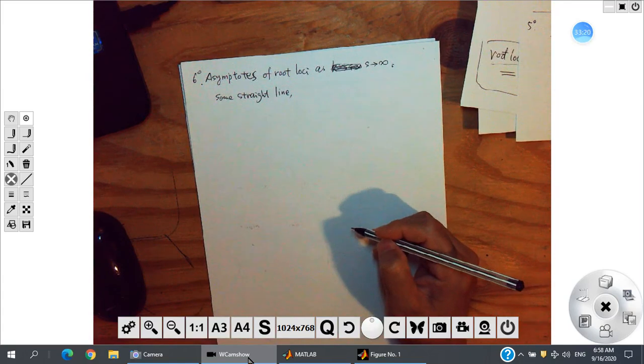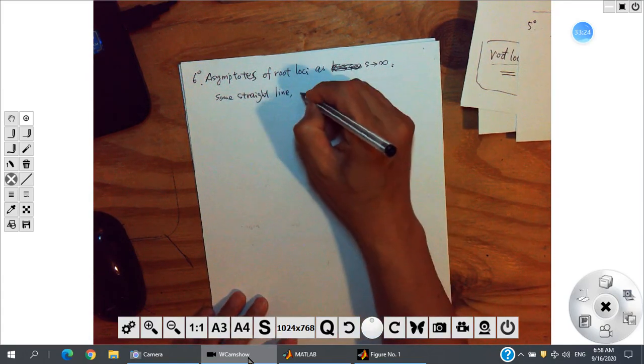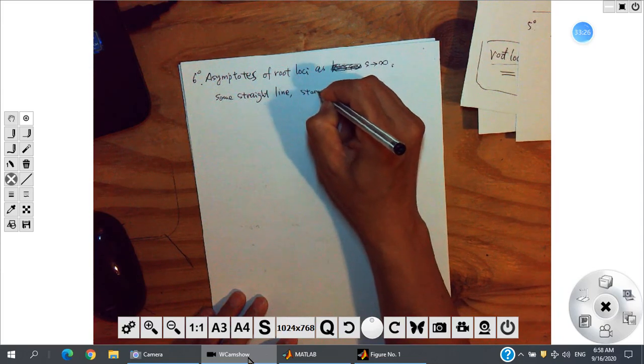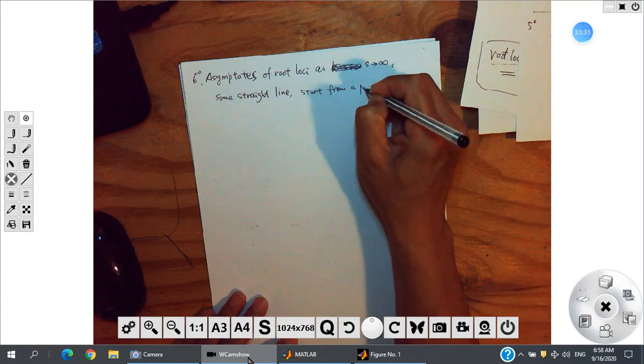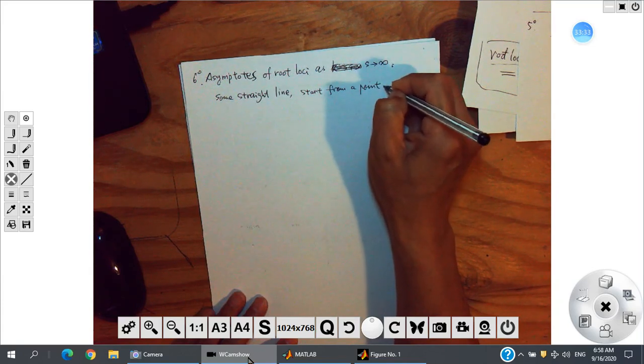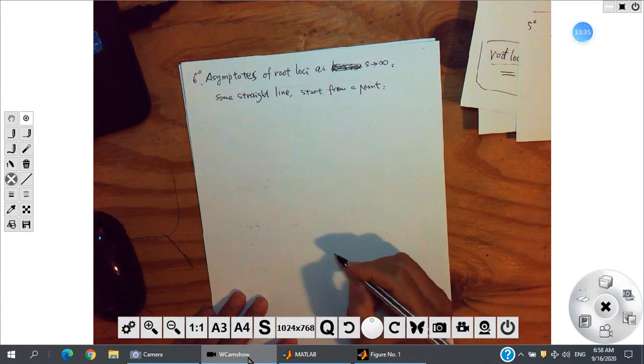And all these straight lines start from one point.